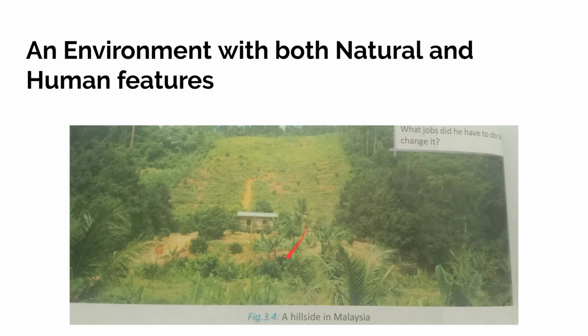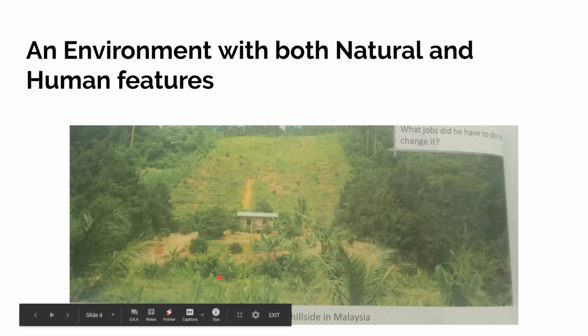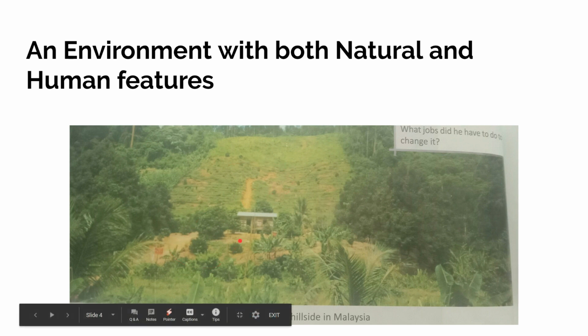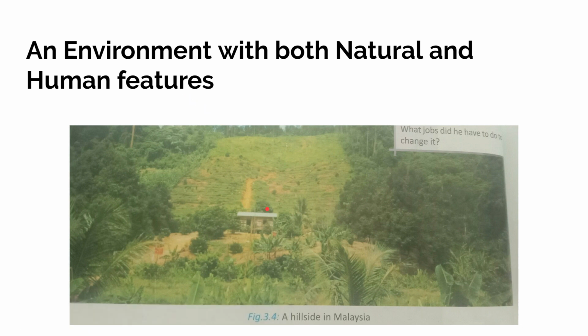But then you see that probably there lives a farmer who has built this house and who has planted these broad leaves, and these broad leaves are basically for bananas. So you see that there have been some changes made, and these changes can be classified as human features since they have been put there by some human, right?